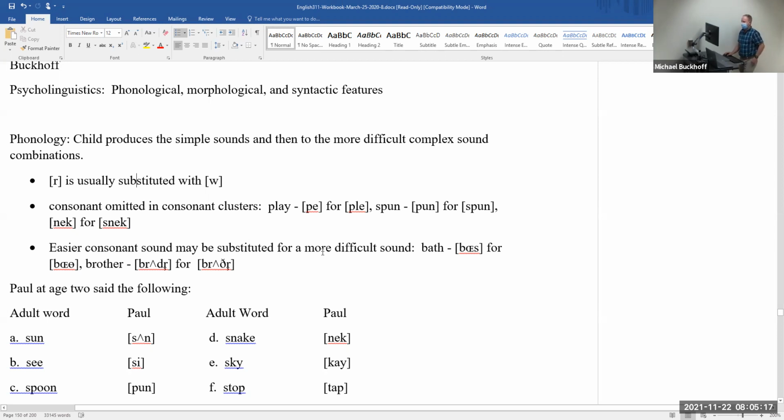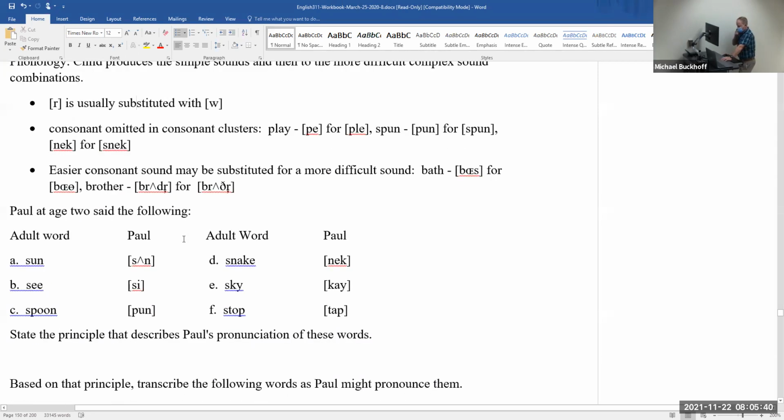Instead of brother, the child may say brudder. So the child will substitute easier sounds for more difficult sounds. These will be common things that you would see when children are learning English for the first time. You'll notice these kinds of things.